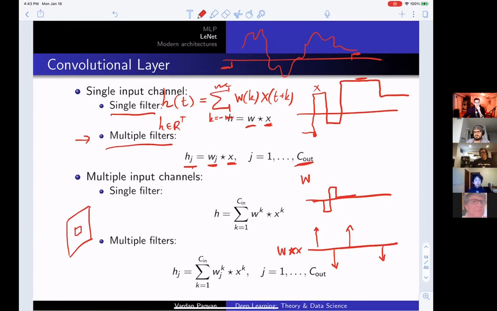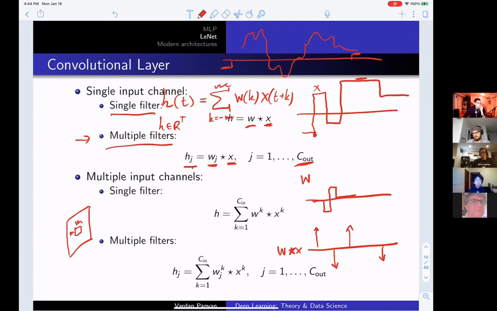So it's going to be M by M. Does this answer the question? Yes, it is always small. It's usually 3 by 3. That's the most canonical size. And the image is something like 30 by 30 or 100 by 100.